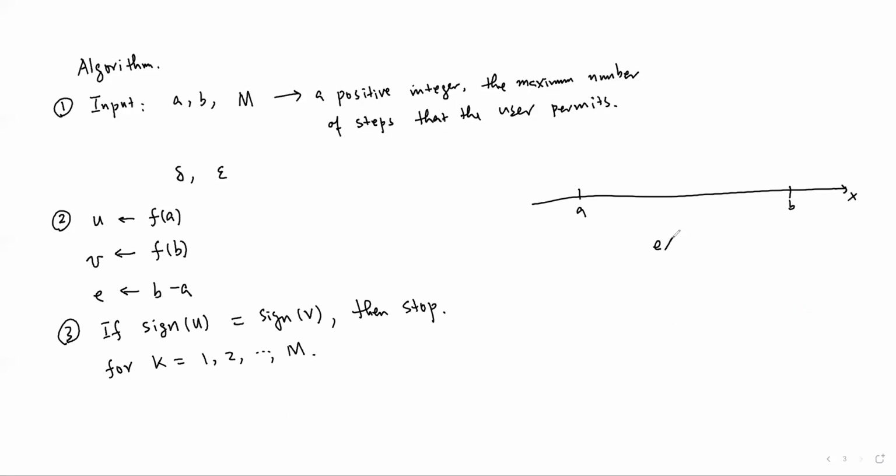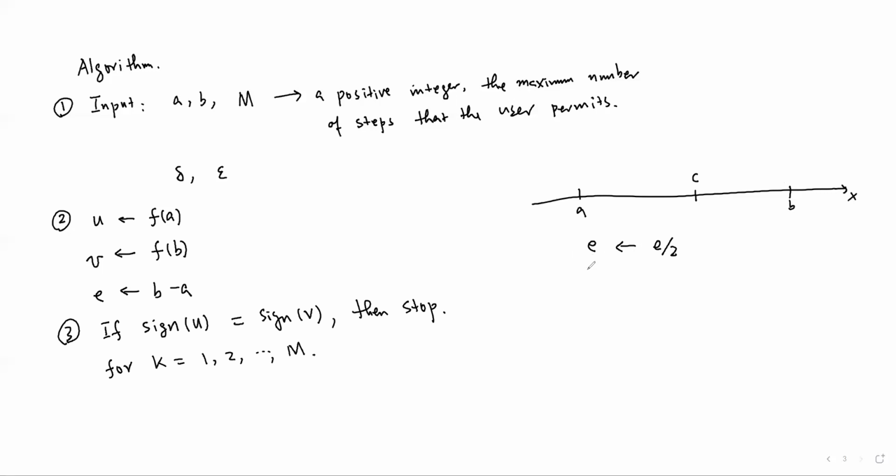Now E divided by 2 is the length of one subinterval, and store this new value to E. Now this new E is the length of either the left subinterval or the right subinterval. Right.